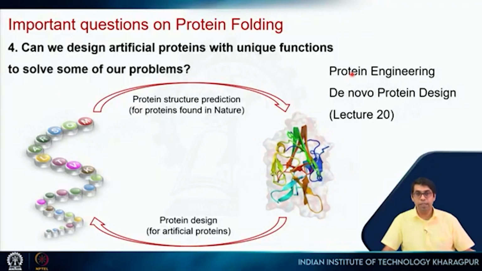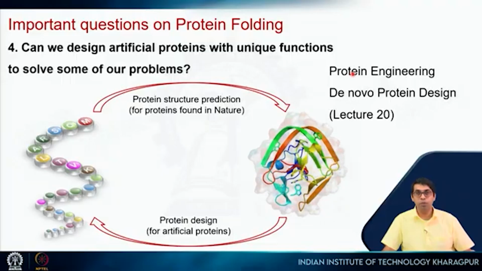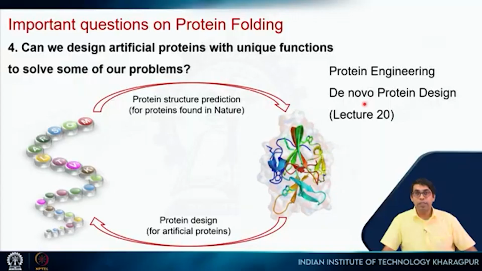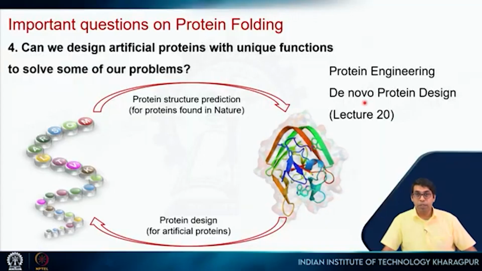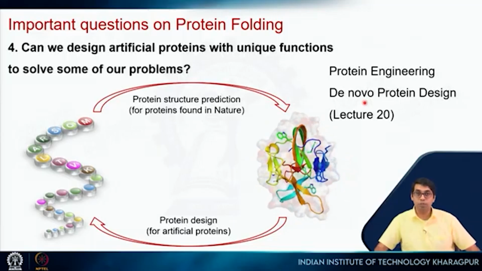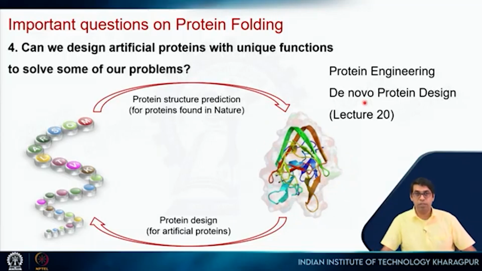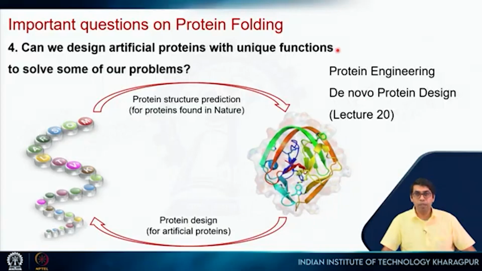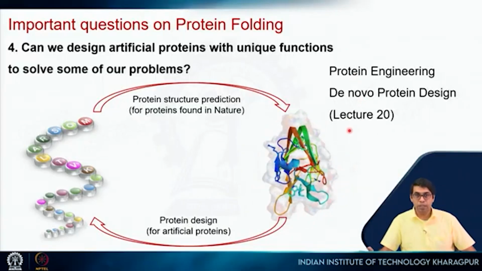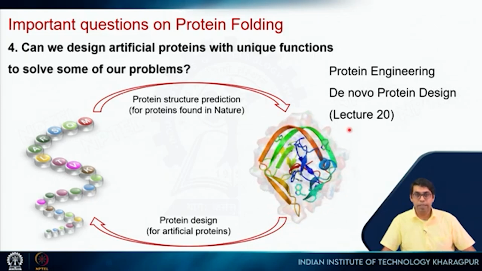We are taking up an existing protein and engineering it to do a new function. And the second one is called de novo protein design. So de novo protein design means that this sequence does not exist. We are completely designing a new structure with new function. So I will talk about these in more detail in lecture 20. That will be the last lecture in the next week.